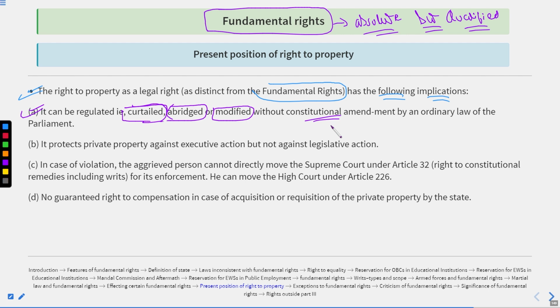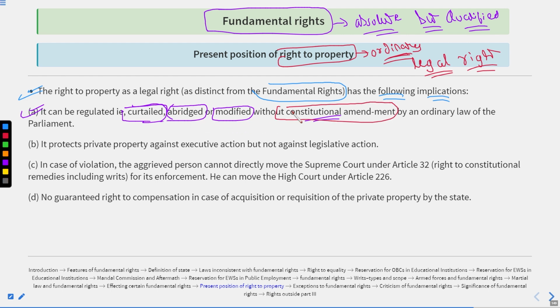But right now, right to property is an ordinary legal right. So that's why it could be easily curtailed, abridged, or modified without making the constitutional amendments.